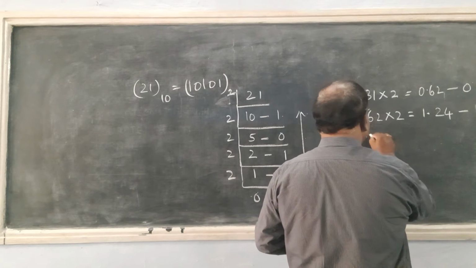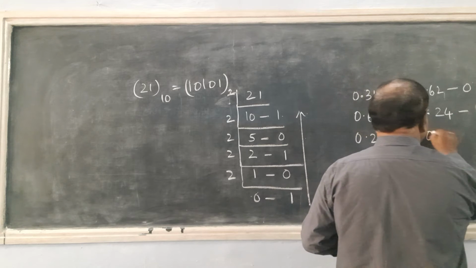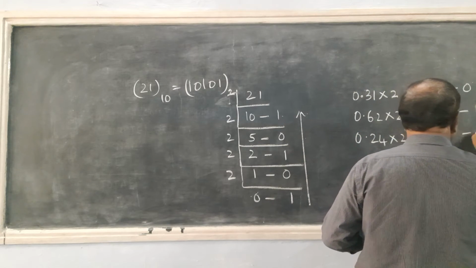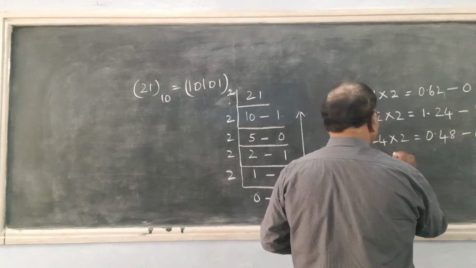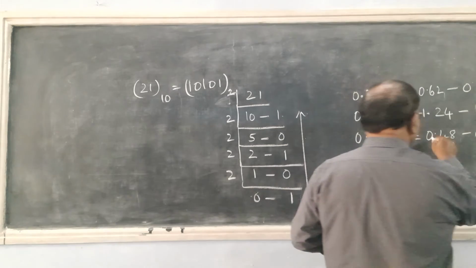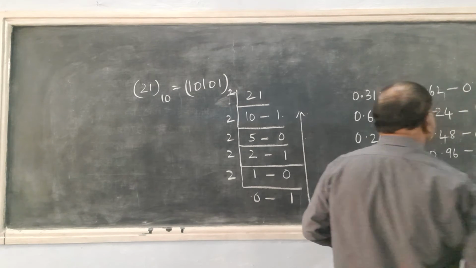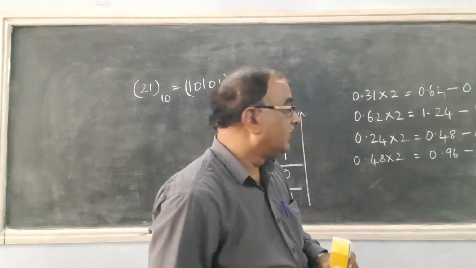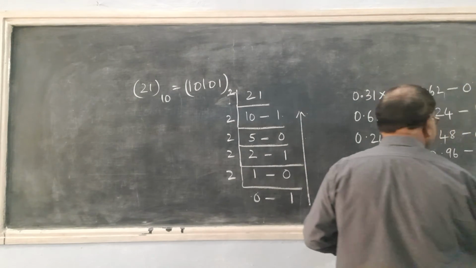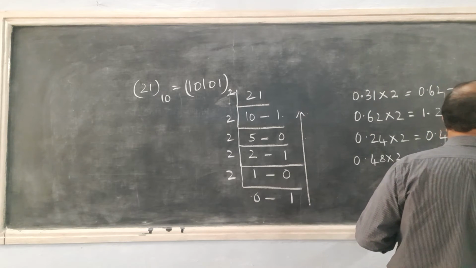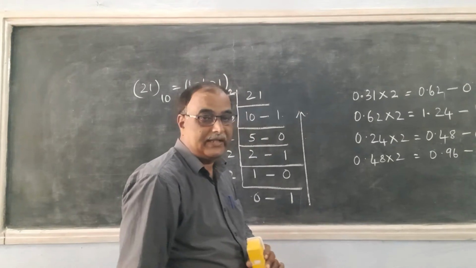You take only the decimal part, 0.24 times 2. So 0.48. Right? Similarly, 0.48 times 2, so it is 0.96. Remainder is 0 and so on. So now you can go on multiplying 3 or 4 times. So while writing, you must write from top to bottom.